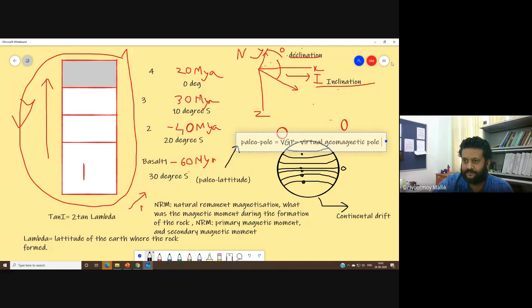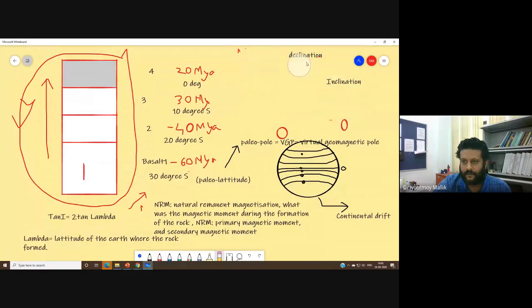And then, of course, you can plot virtual geomagnetic poles. Like here, I have plotted paleolatitude, and you can also plot VGPs. Let me draw it here. These are all different VGPs, with similar analysis, and you create a sort of path of the pole.